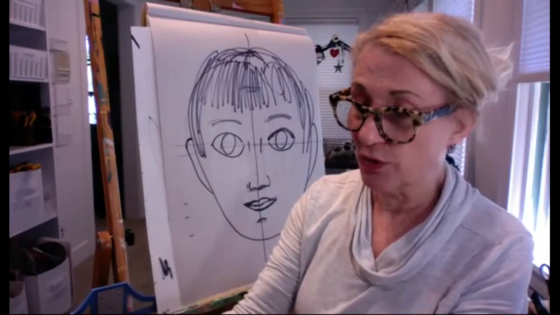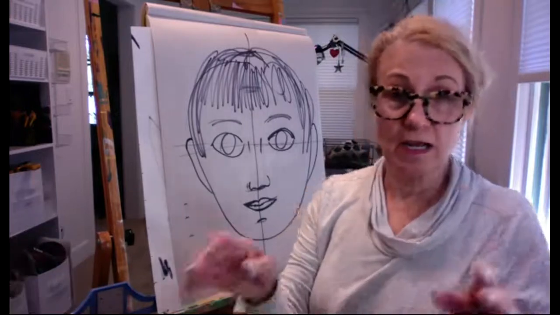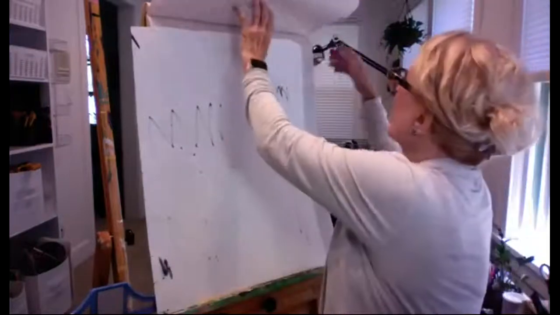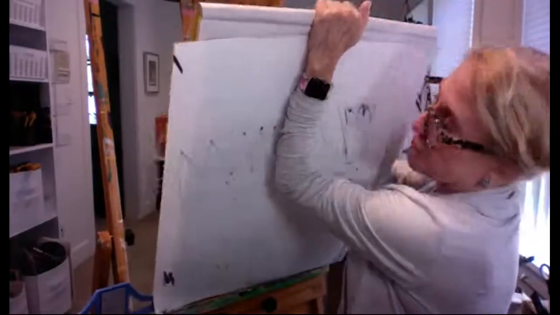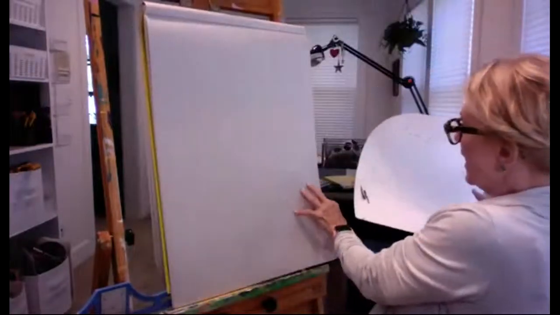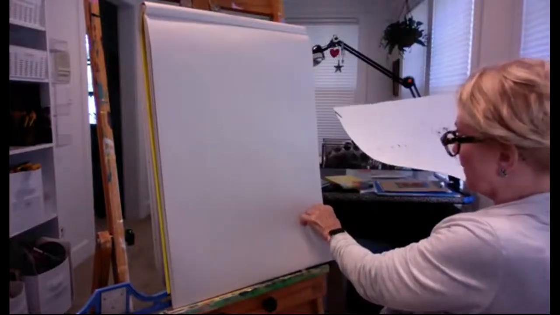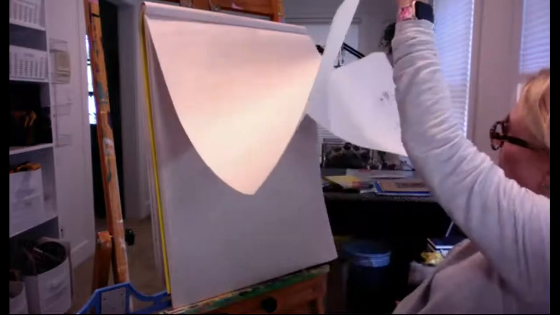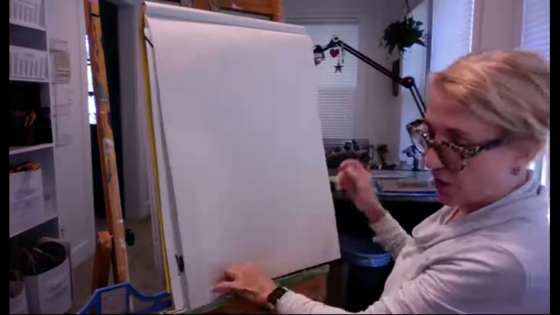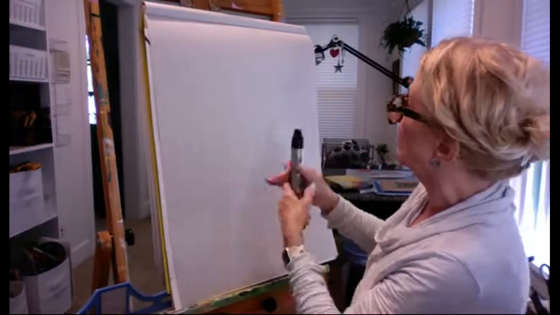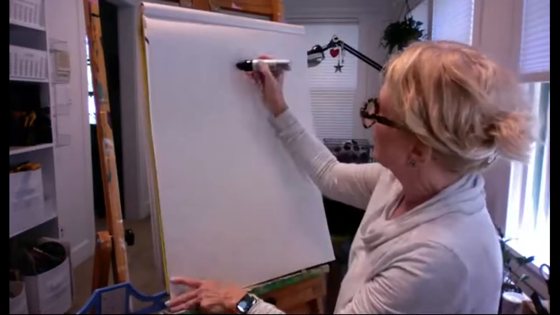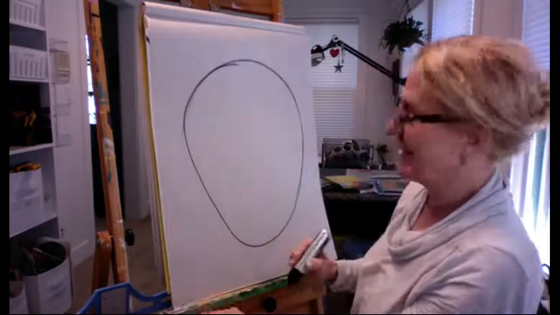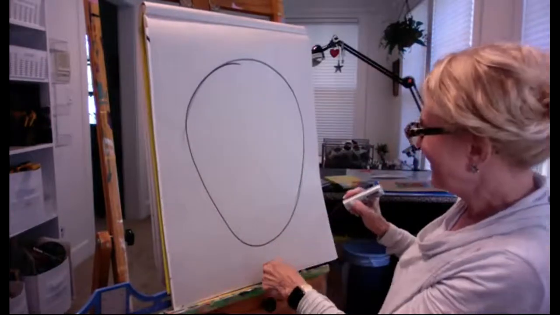I do also have a handout on doing the face in profile, and I'll send that to you as well. And again, there's a formula for that where you're starting off with an oval, again, an oval. I'm getting these alien heads.